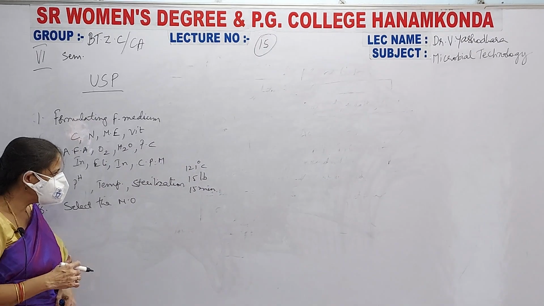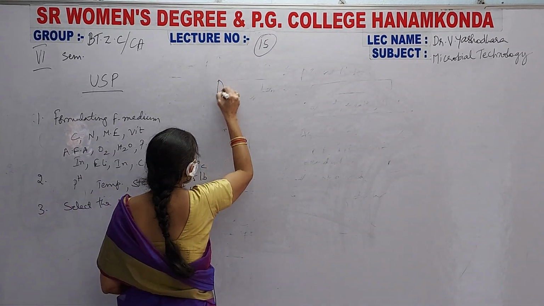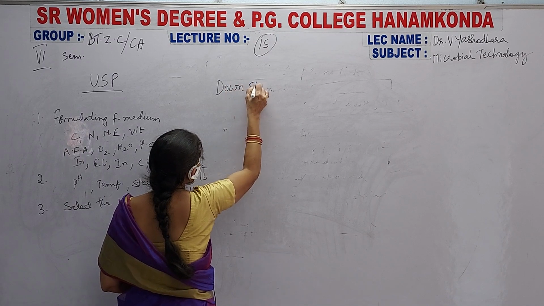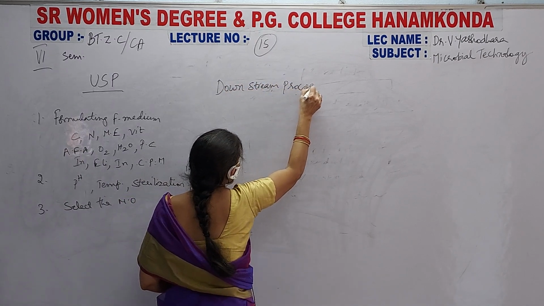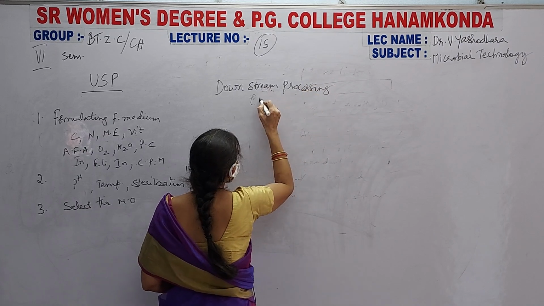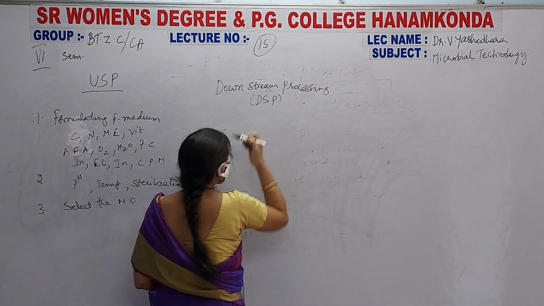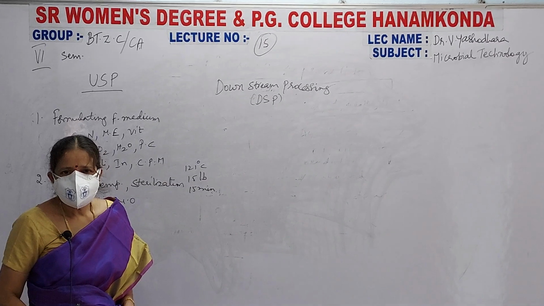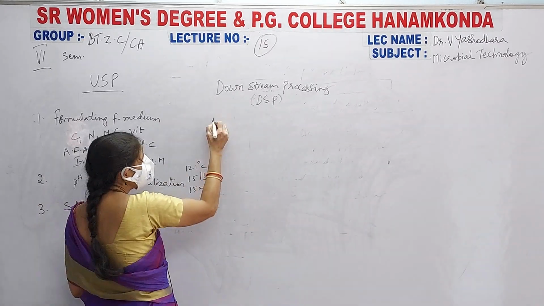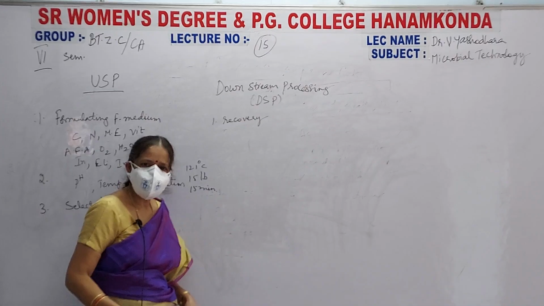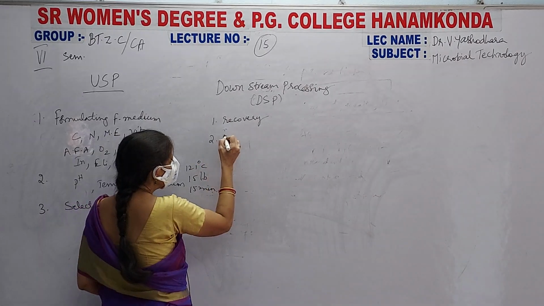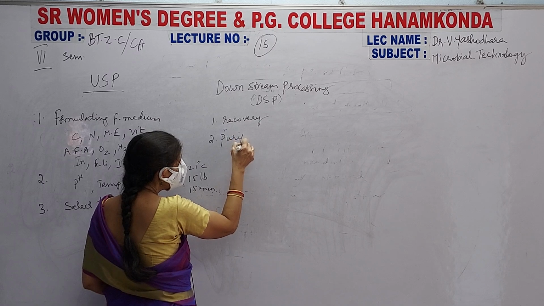Now coming to the downstream processing, that is DSP. What are the steps that are there? First one is recovery of your product. Second one is purification of the product.